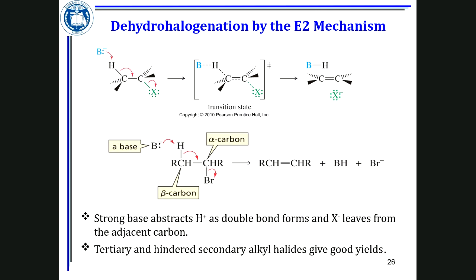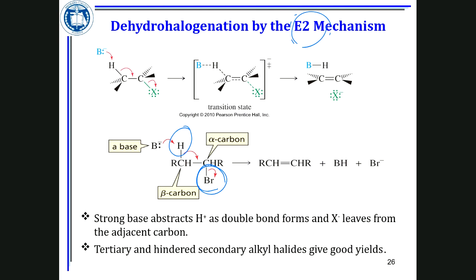For the E2 mechanism, as we talked about yesterday also, it has to be anti-coplanar. What does it mean, anti-coplanar? If the halide is leaving from one carbon, hydrogen is leaving from the adjacent carbon. The hydrogen that is being abstracted is going to be on the opposite side of the halide that is leaving.